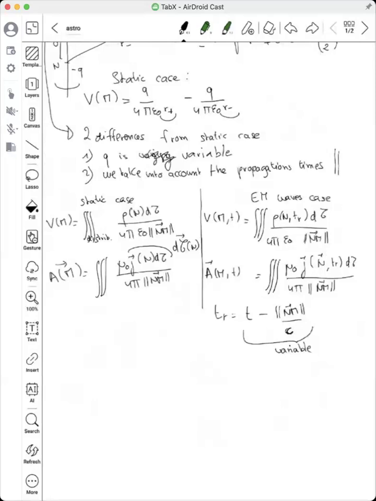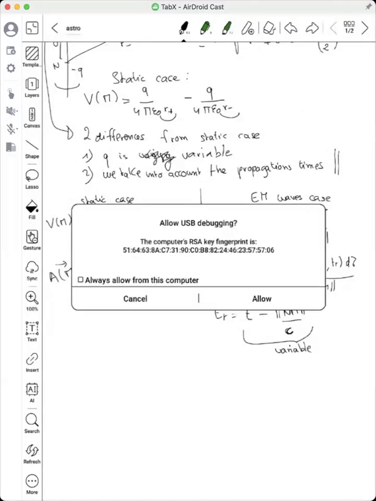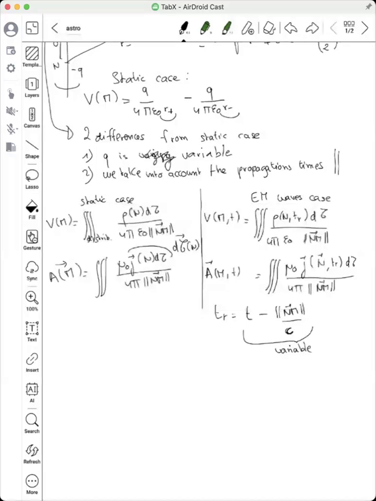Sorry? But you can prove it with the Lorentz gauge. Okay, exactly. So in order to prove it, we would actually have to show that these two potentials that I wrote, V(M,t) and A(M,t), this is what we call the retarded potentials.